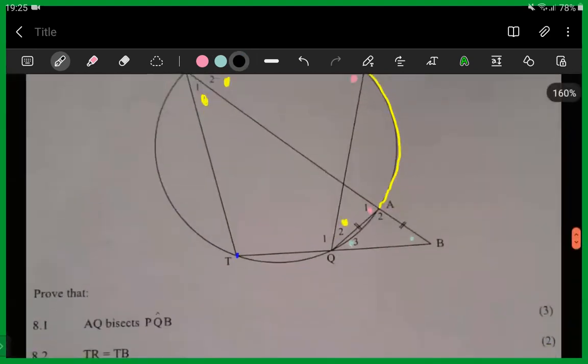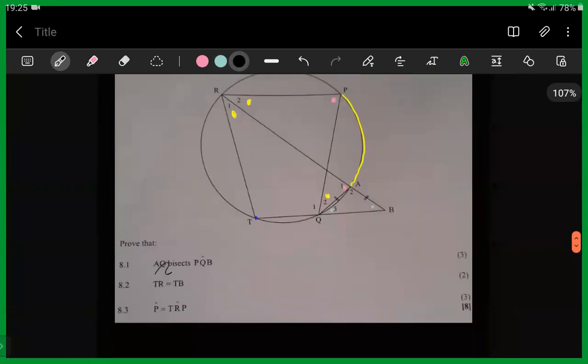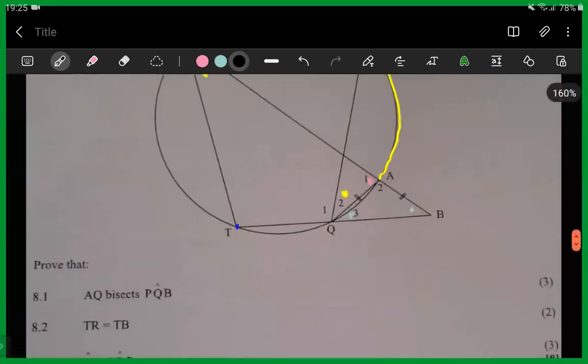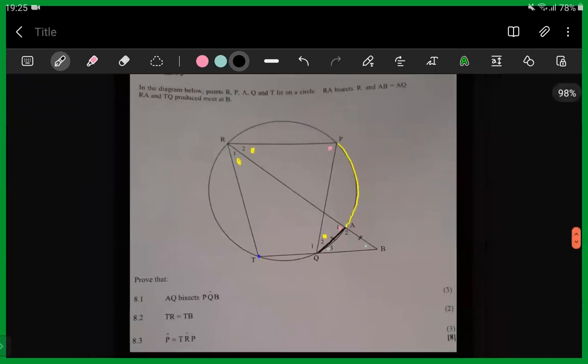Because if you're going to say that AQ bisects this angle, it means that you just have to show that the angle there is equal to the angle there. Remember, we always say that we should focus more on individual angles that are equal to the ones we're working with.